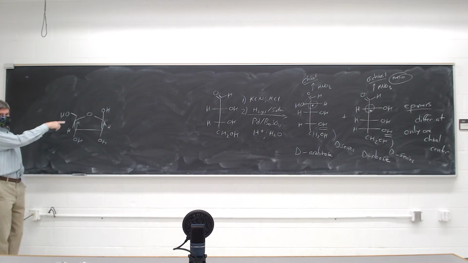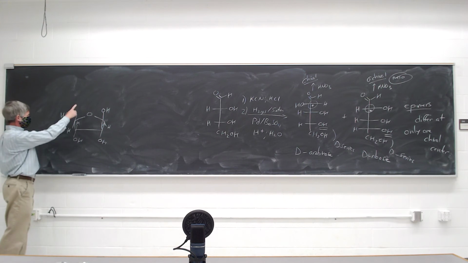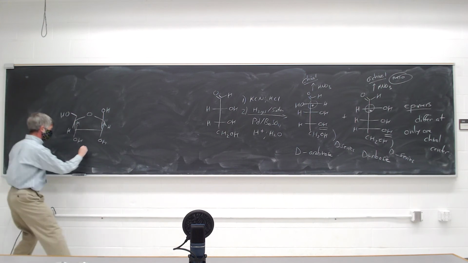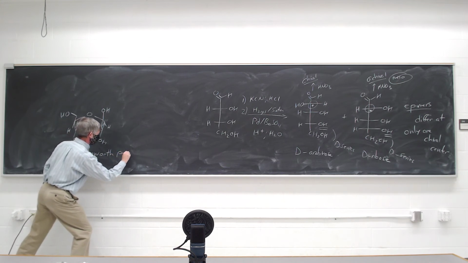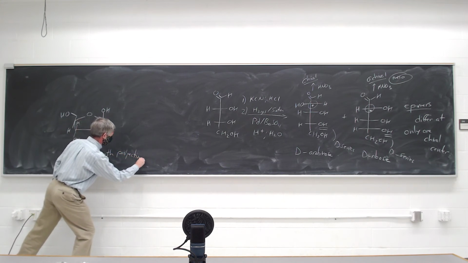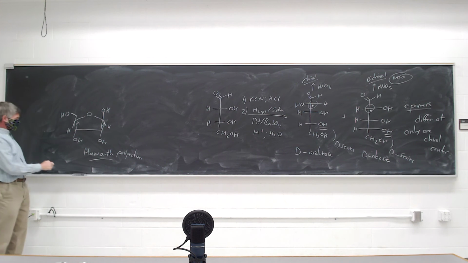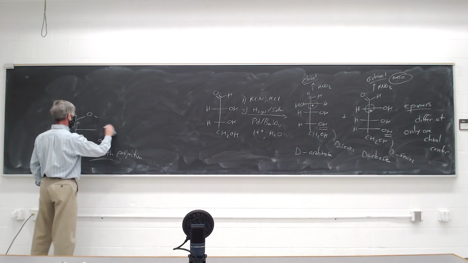When you write them as this kind of ring form with your substituents on the vertical, this is referred to as a Haworth projection. And it gives you the relative position. I'm going to rewrite that and make that a little neater.